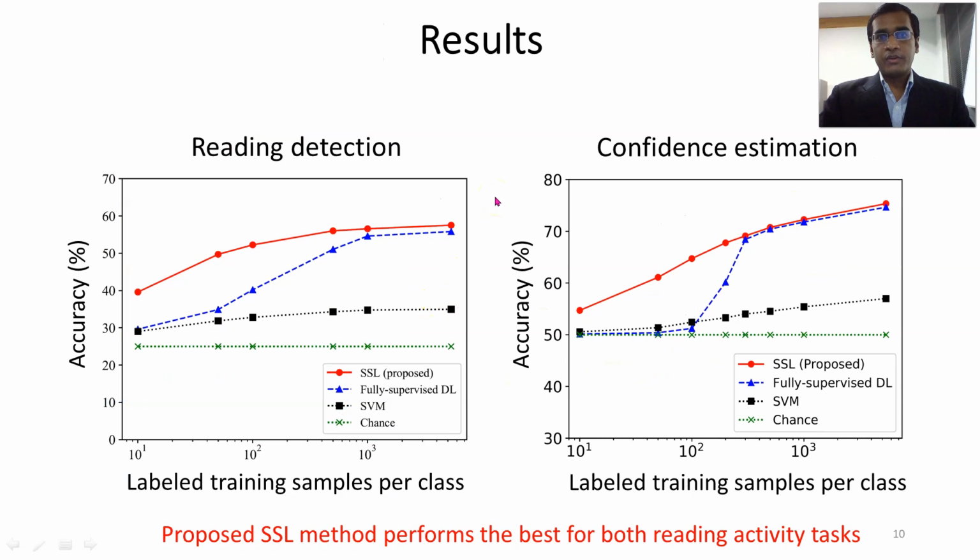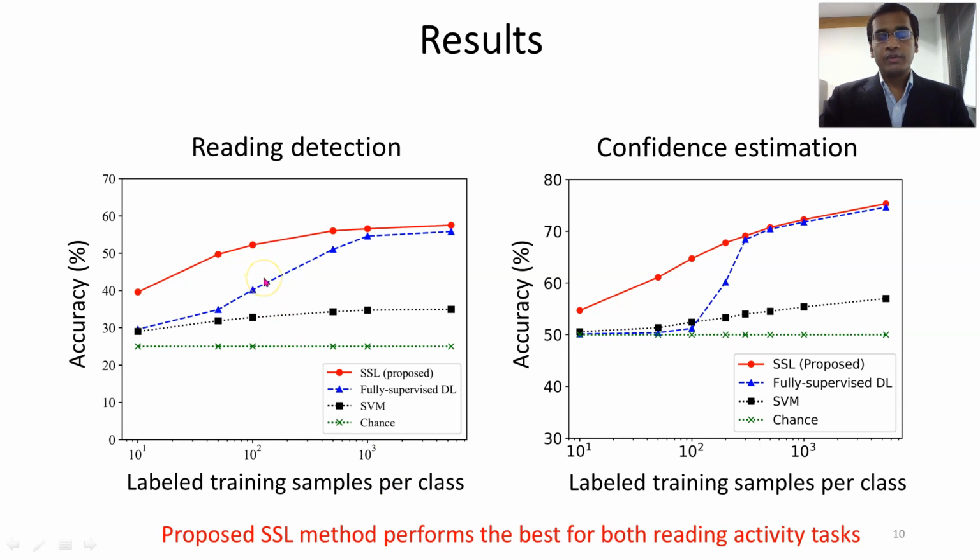The results of our experiment for both tasks of reading detection and confidence estimation are shown in this slide. For both graphs, the y-axis shows the accuracy and the x-axis shows the number of labeled training samples per class. The red line shows the result of the proposed SSL method.